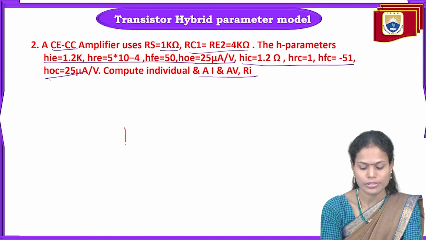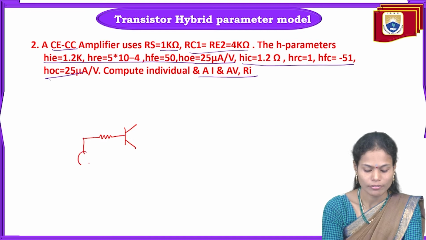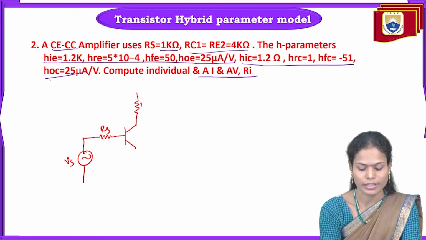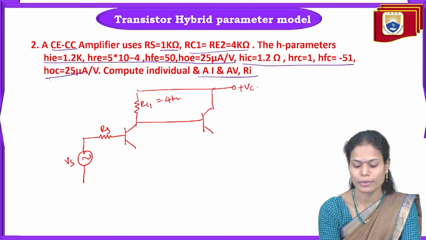For that purpose, I am drawing the common emitter transistor. I am taking the source resistance Rs and the source voltage Vs, and the collector resistance RC1 is 4 kilo ohms and this is connected to the second stage. This is applied to the common supply.